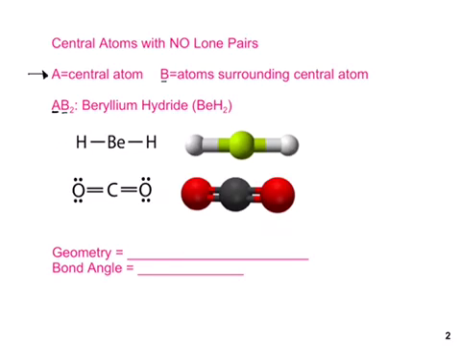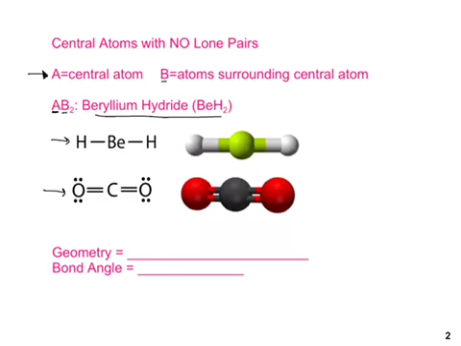So in this particular example, we have AB2. So this says we have a central atom with two other atoms surrounding it. And so your real life example is beryllium hydride, and its Lewis structure looks like this. And we could have carbon dioxide, whose Lewis structure will look like that.